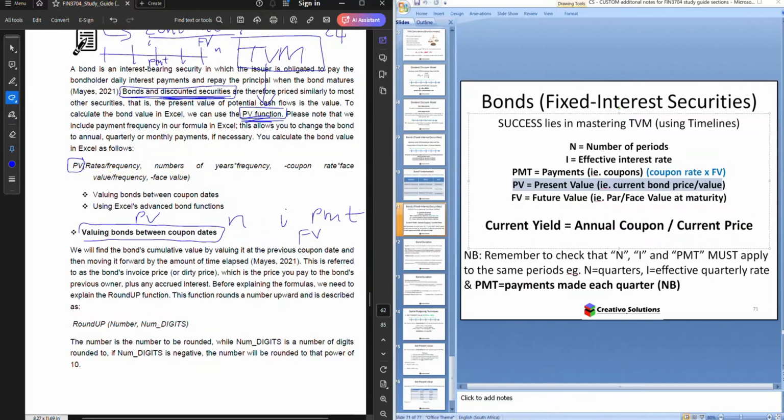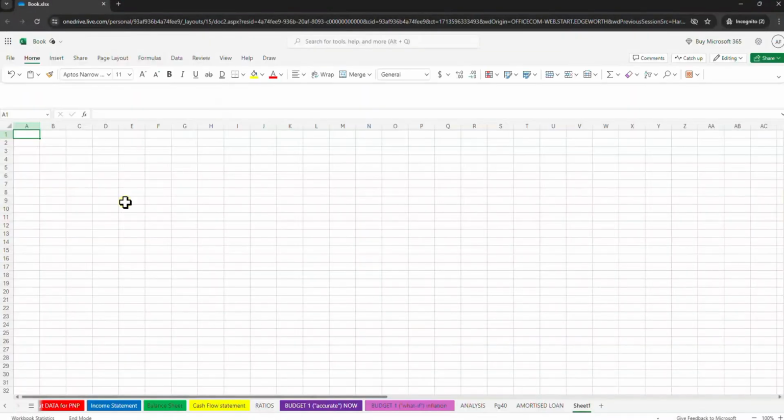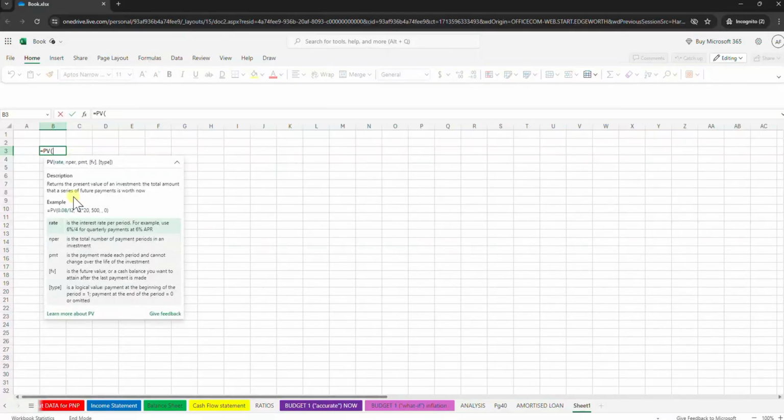So when you go to Excel and type in present value and open the brackets, it's going to ask you what to insert. When they say rate, this is referring to the current I that's present, in other words, the yield to maturity.